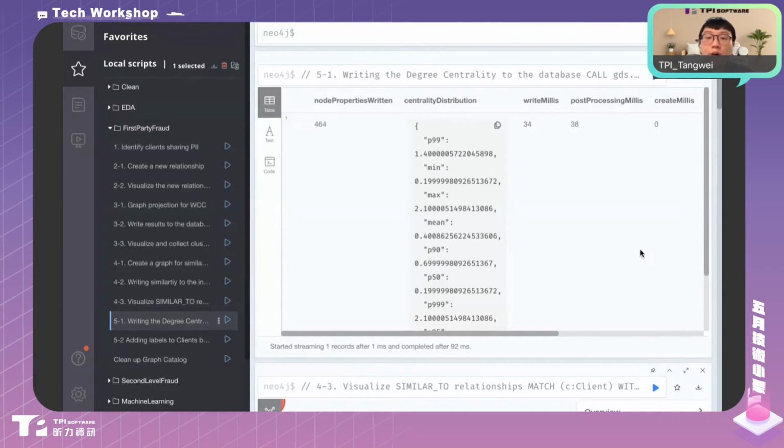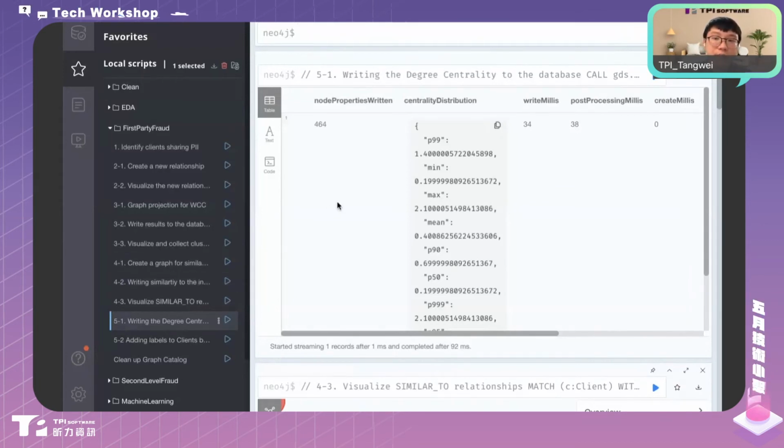So we use one of the centrality algorithms, the degree centrality, to add the Jaccard score on the incoming and outgoing relationship for a given node. And these scores represent clients who are similar to many others in the cluster in terms of sharing identifiers. So here the assumption is, the higher the first party fraud score, the greater the potential for community fraud.